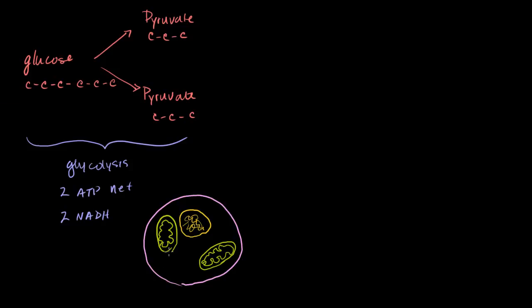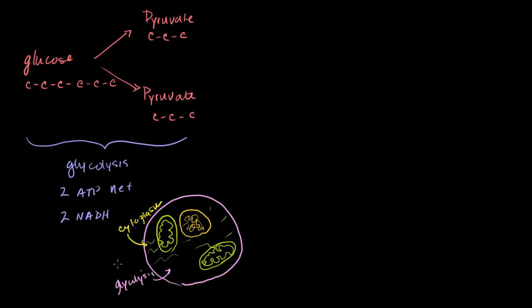You can view organelles as parts of the cell that do specific things, kind of like organs do specific things within our own bodies. So between all of the organelles, you have just this fluidic space. This is just the fluid of the cell, and that's called the cytoplasm. And that's where glycolysis occurs. So glycolysis occurs in the cytoplasm.